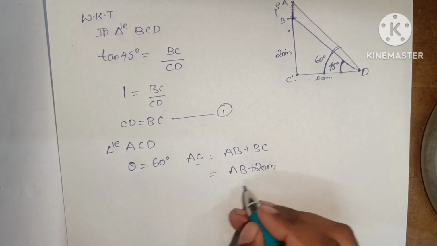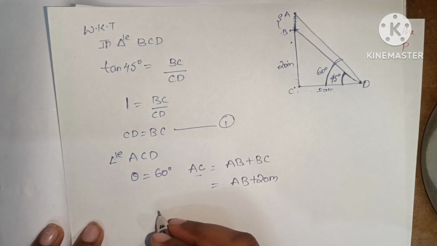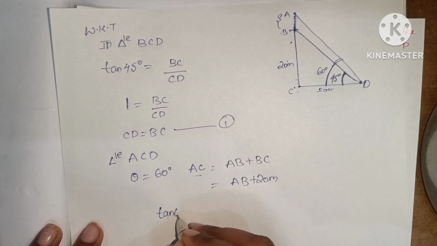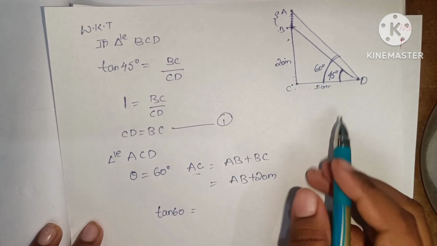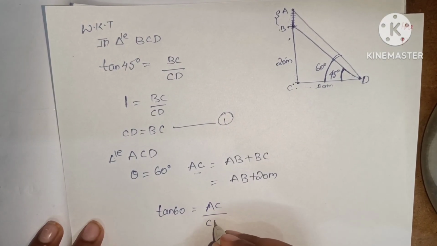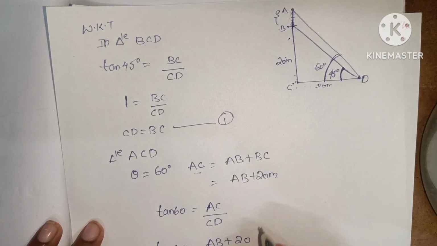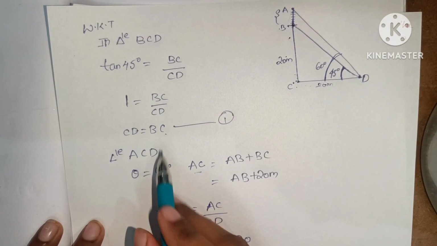So what will you do here? Tan 60. Tan 60 means what? AC by CD. Right? So tan 60 equal to AC, which means AB plus 20. And from equation 1, CD means what? BC.